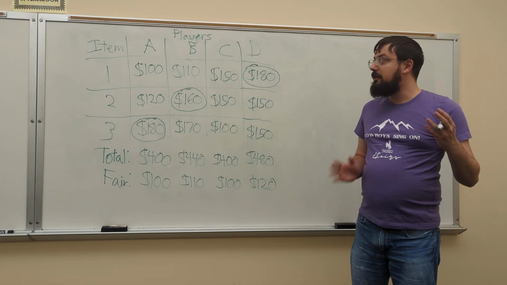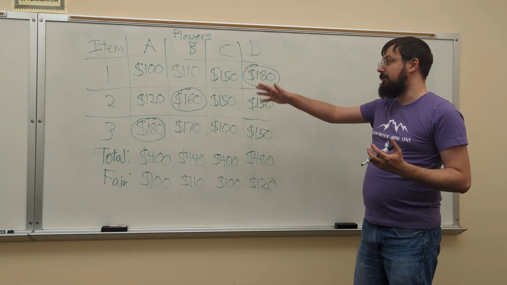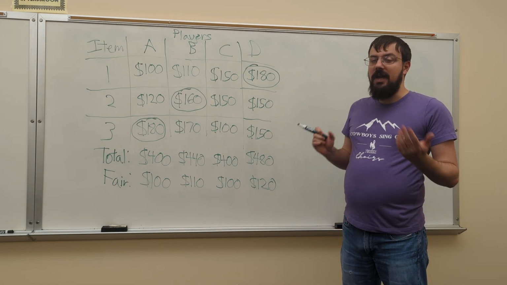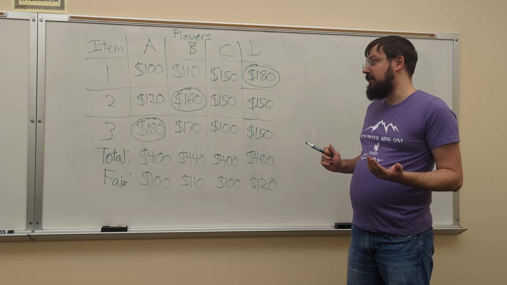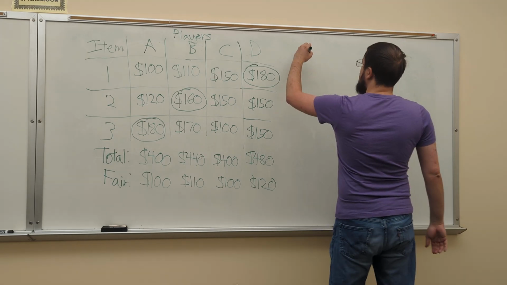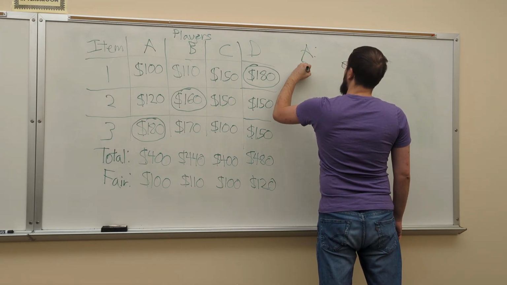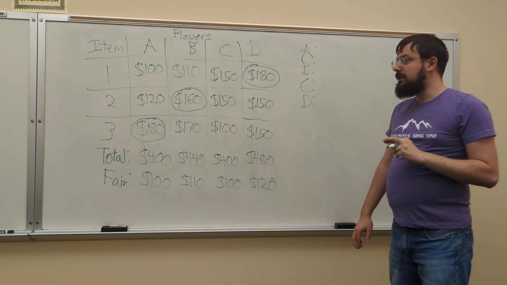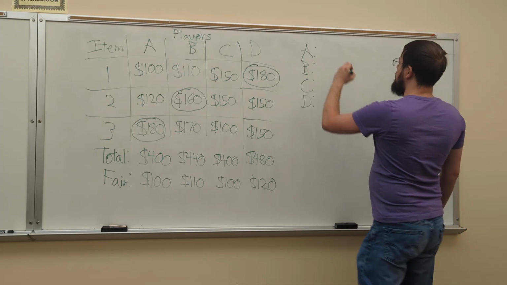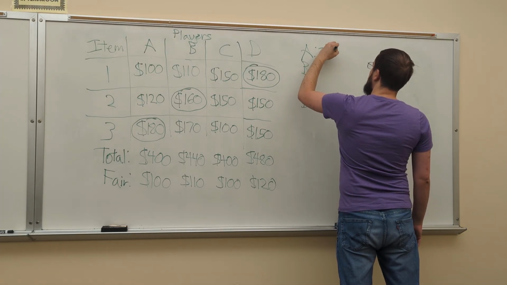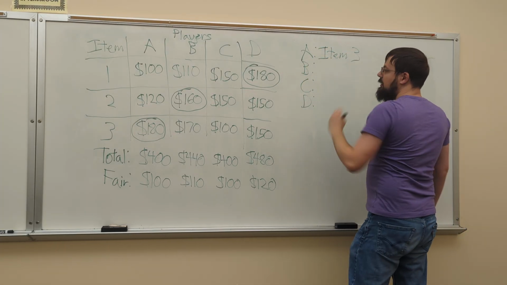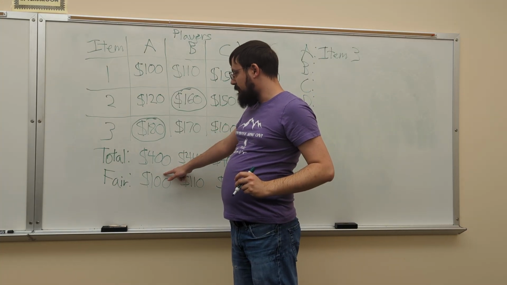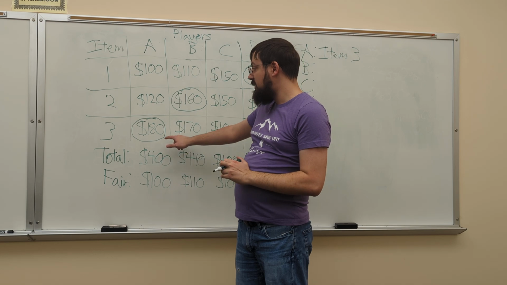So now that we know what's a fair share for each of these players and we've decided who gets which items, we just need to figure out how what they have right now compares to a fair share. So in what we call the initial settlement, A gets item 3. And notice that item 3 is worth $180 to A, which is more than the fair share of 100. So what A is going to do is pay the difference.